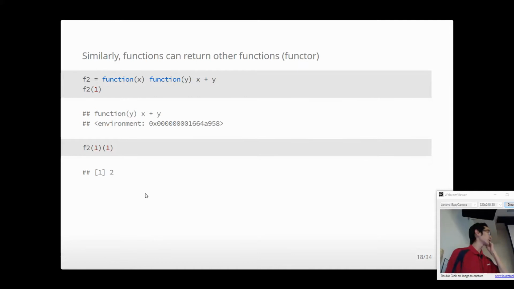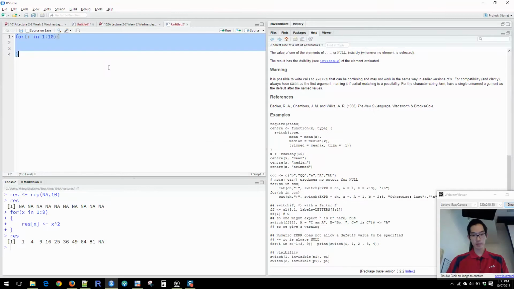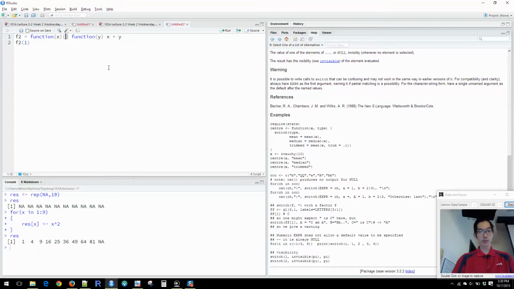A function can return a function, which is kind of confusing, but we're defining f2 as a function of x, which, maybe I should parse this into multiple lines here. You can think of this as curly brace that, and curly brace that, and then we're closing this off and closing that off.